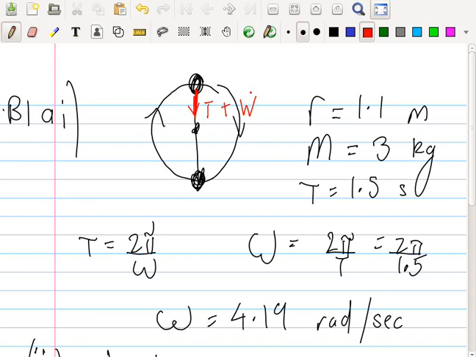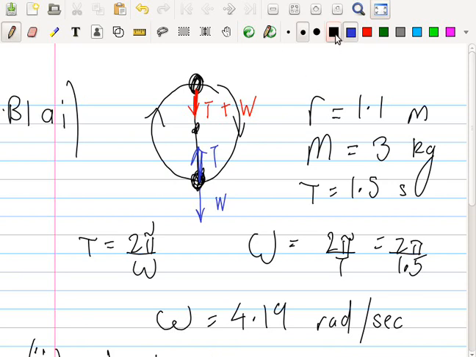Which do you think has more tension, when it's at the top or when it's at the bottom? Because we'll need to do the bottom as well after this. When it's at the bottom, the tension is acting this way, and then the weight is acting this way. So the tension will be bigger at the bottom.